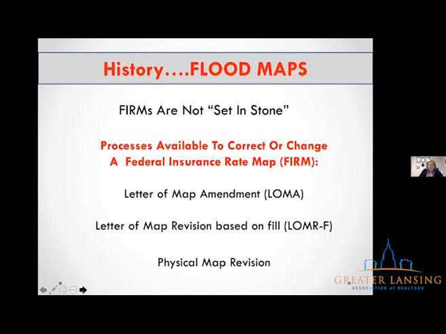Okay. Physical map revisions, those are really big areas of the map. As I said before, maps are very inaccurate if we have large developing areas. And even like, up in Owosso is a good example. They called me because they have a bunch of historical buildings along the river in downtown Owosso. And because they're all in a flood zone, they're concerned.